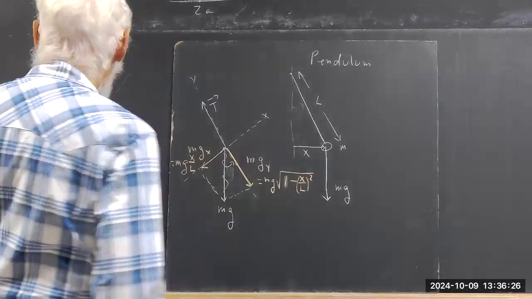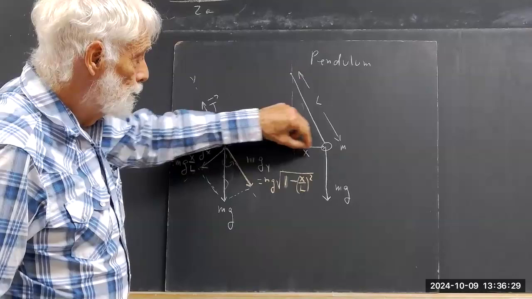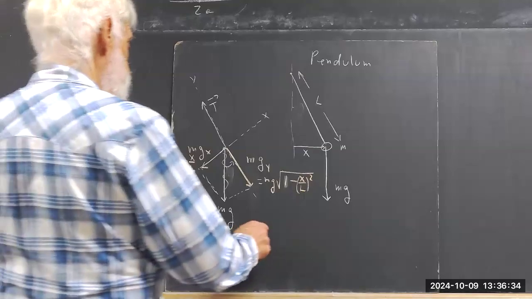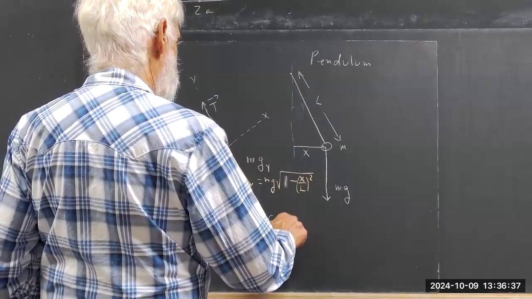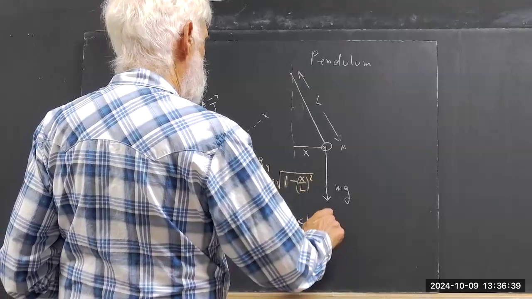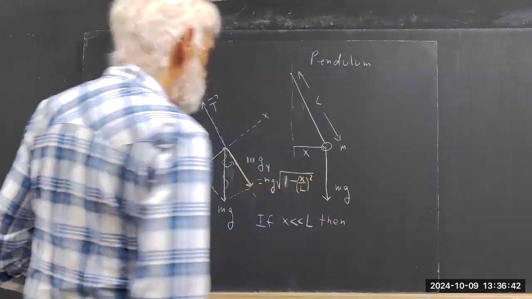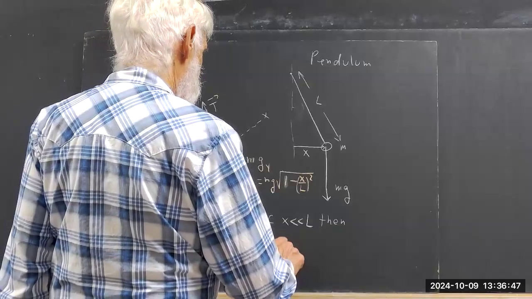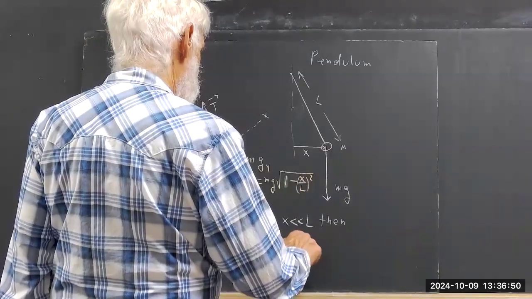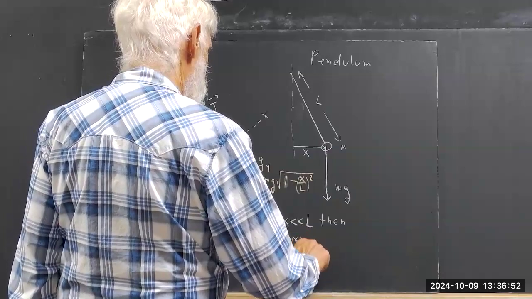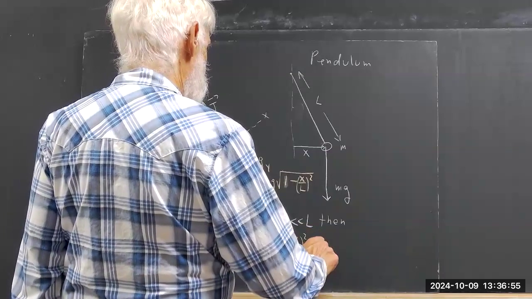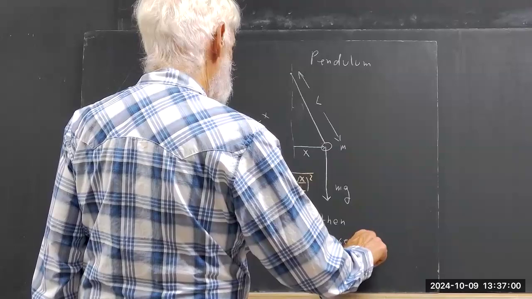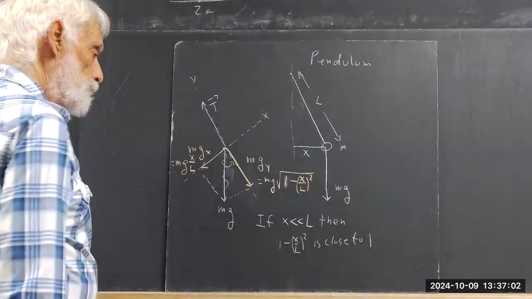Now, if this angle is small, in other words, X is much smaller than L, then one minus X over L quantity squared is close to 1.